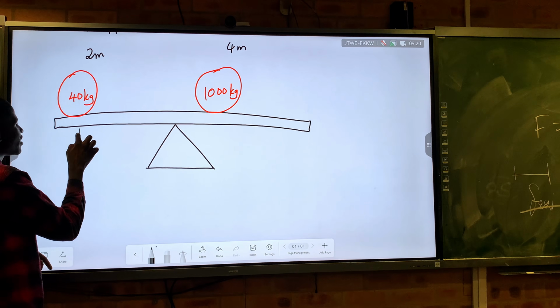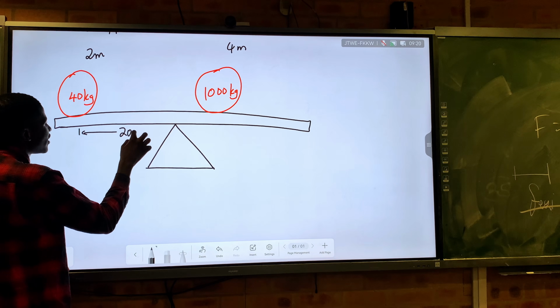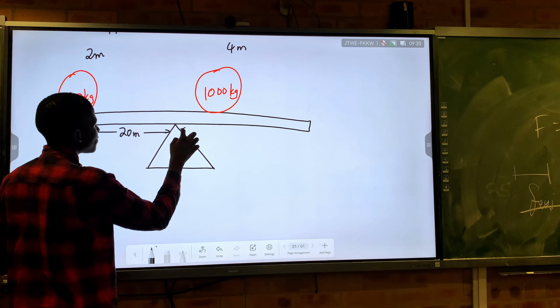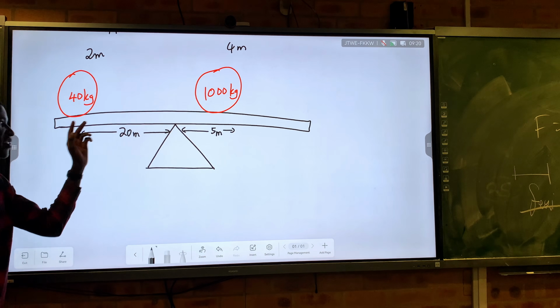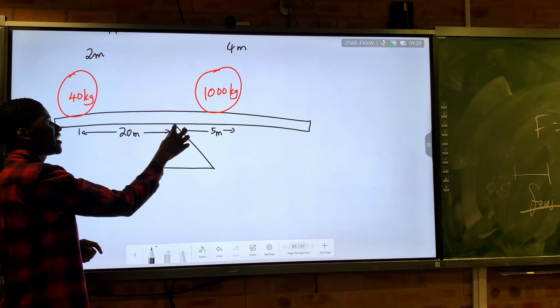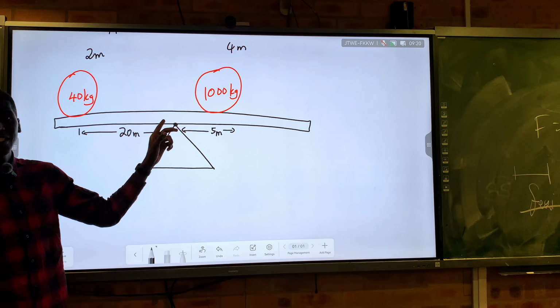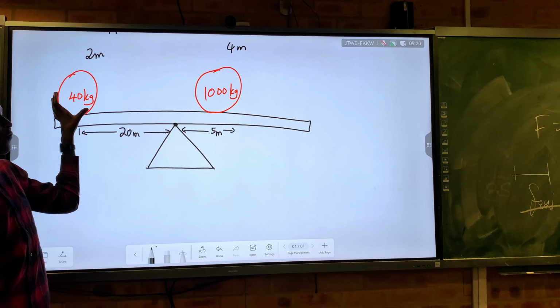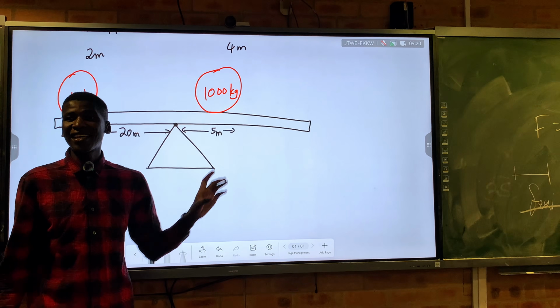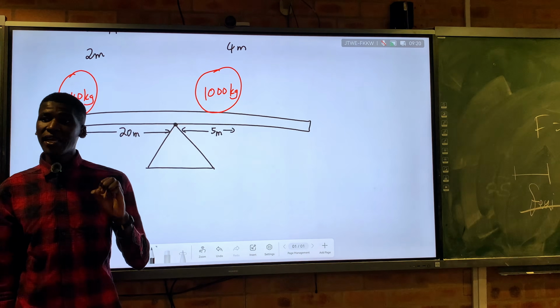The distance between here and here is 20 meters, and then the distance between here and here is 5 meters. Now between this and the pivot, so here is the pivot, this is where this object is fixed. So now we see the object with a mass of 40 kg, and we also have an object that has a 1000 kilograms mass.